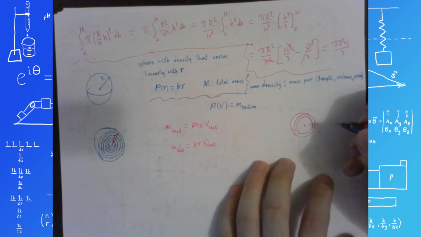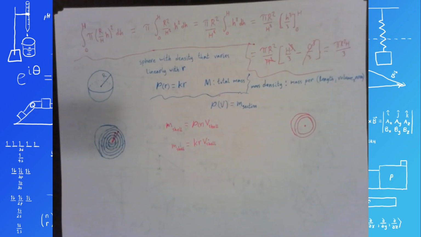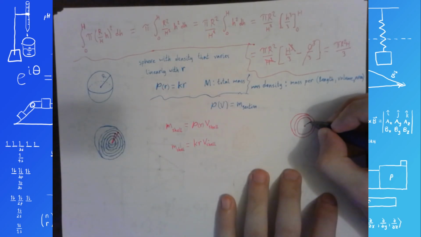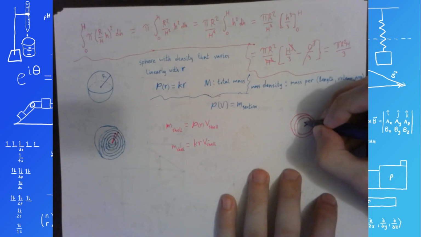So I'm just looking at one half of a shell. It's going to have some random radius, little r.